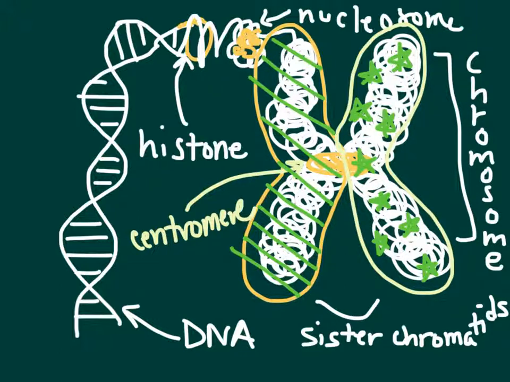So if this happens to be the chromosome that contains the gene that you guys have for whether or not you can smell asparagus in your pee, I had to pick an interesting one to make sure you're paying attention. If it's located right here on this sister chromatid, that stretch of DNA codes for smelling asparagus in your pee, it's located right here on this chromatid as well.